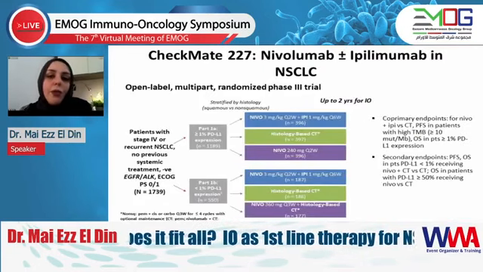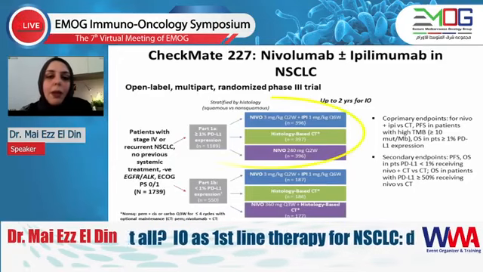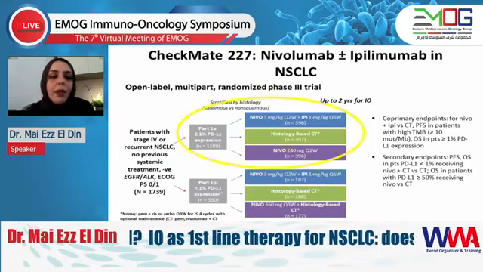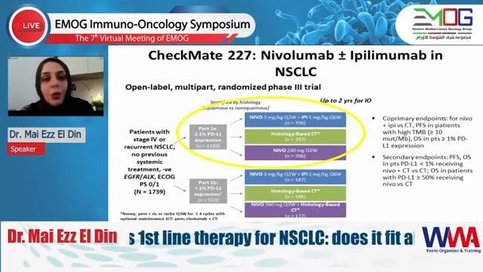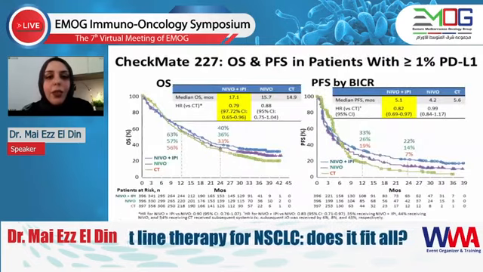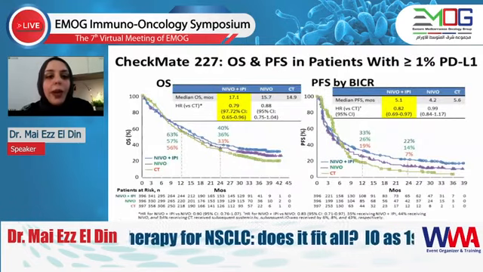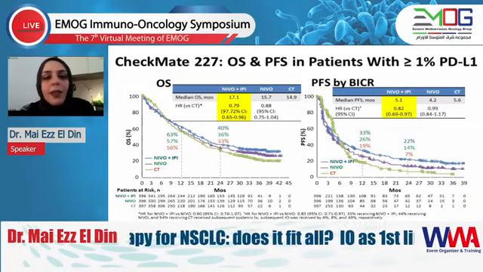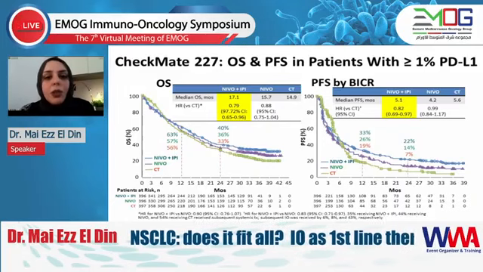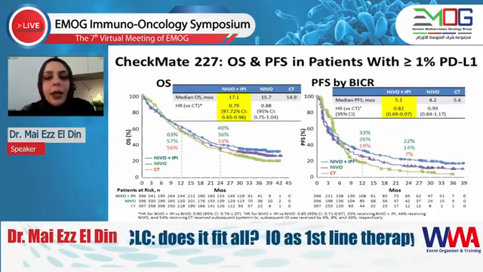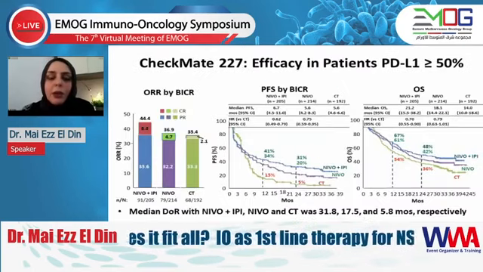The first, our favorite or most famous duet is nivolumab and ipilimumab, and I'll be discussing Checkmate 227 Part 1A, in which patients with over 1% PD-L1 expression were represented. In this trial, over 1,000 patients were represented. And yes, with flying colors, Nivo came through, 0.79 hazard ratio for overall survival, and almost a 2-month benefit, and yet again 0.82 positive hazard ratio for progression-free survival.